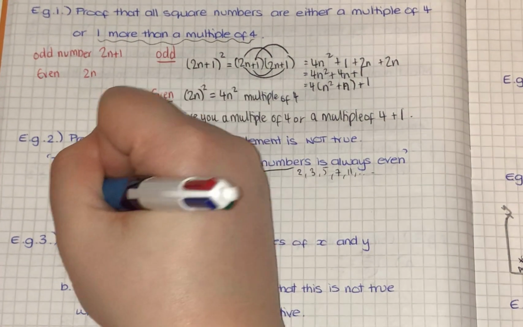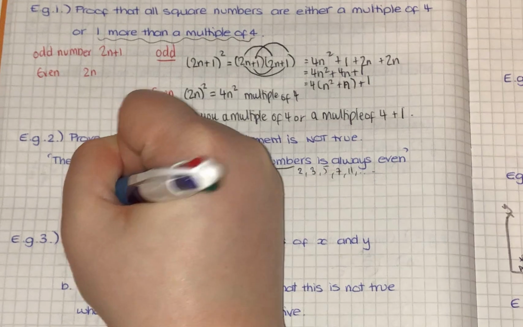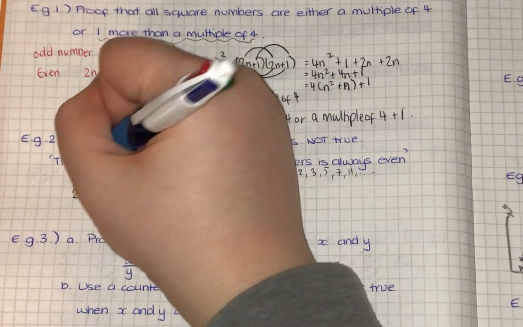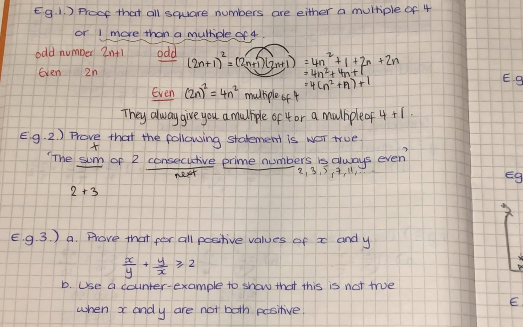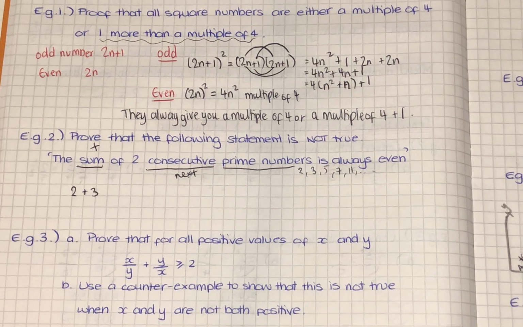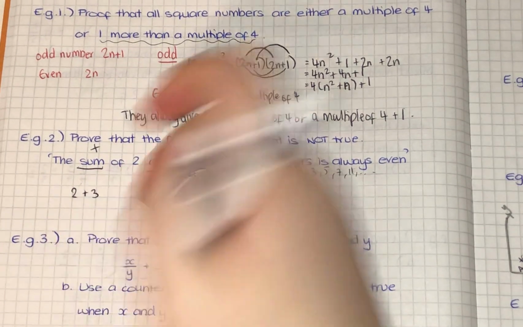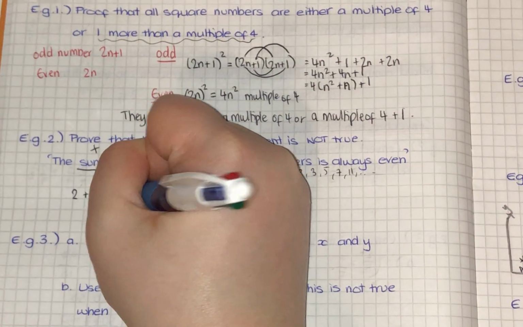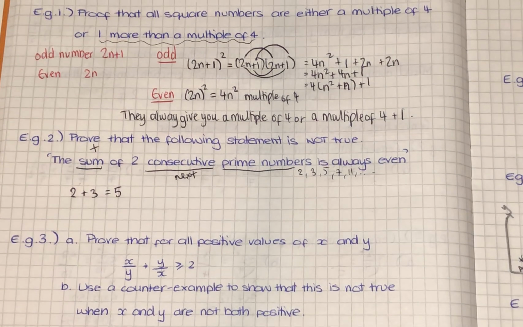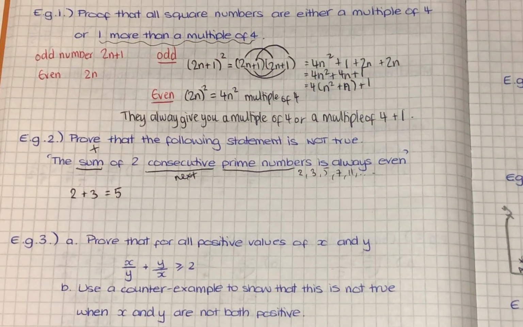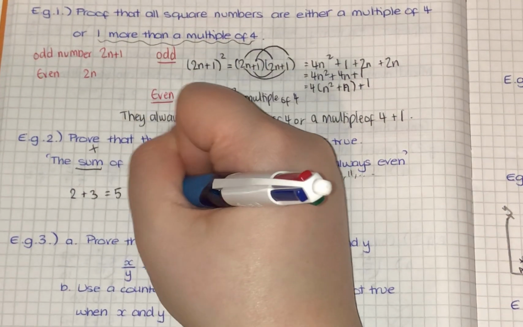Okay, so we're going to start with 2 plus 3, so also remembering that sum just means that you're adding them, okay? So the sum of two consecutive prime numbers is always even. 2 add 3 gives us 5. So this, obviously 5 is odd.